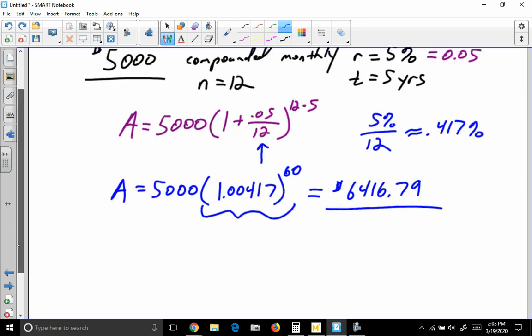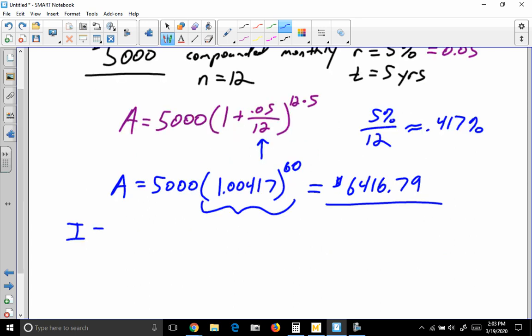So if we want to know how much interest we are going to be charged, we take how much we pay back minus how much we borrowed. 6416.79 minus the 5,000. So $1,416.79. That's how much the bank is charging us to use their money.